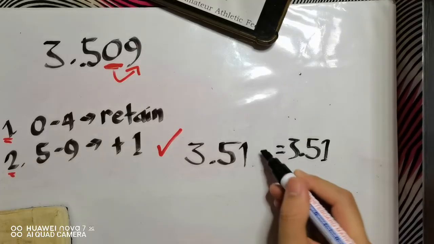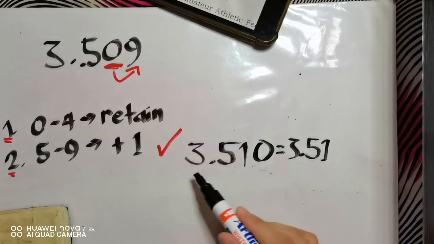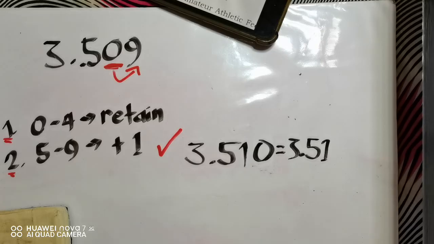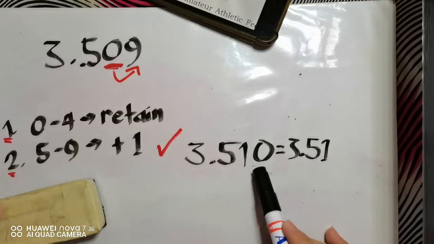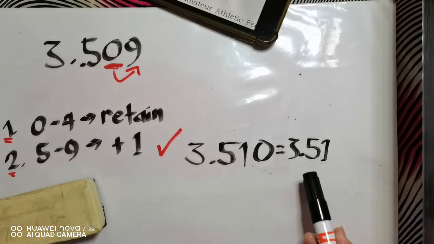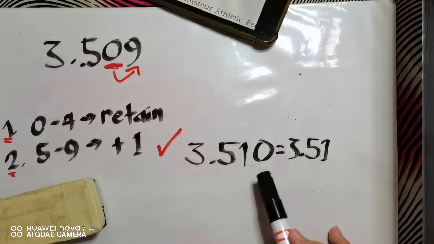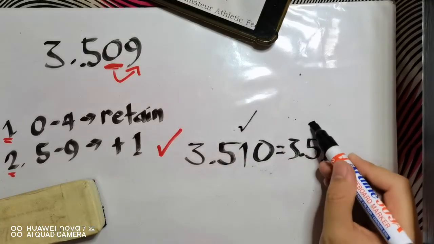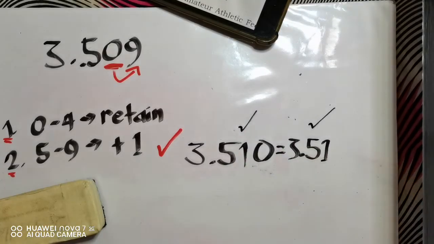If you want to add the 0, okay lang din. That would be 3 and 510 thousandths. Pero again, kaya nang sabi ko, if you do not want to write the 0, okay lang. So the rule is, kailangan gawin mong 0 yung mga numbers na after. Now, this is correct. This is also correct. Ang pagiging pagkakaiba lang natin kapag sinabing simplify. Simplify meaning, paliliitin yung number or let's say, we will use less numbers. Pero either way, they are both correct.